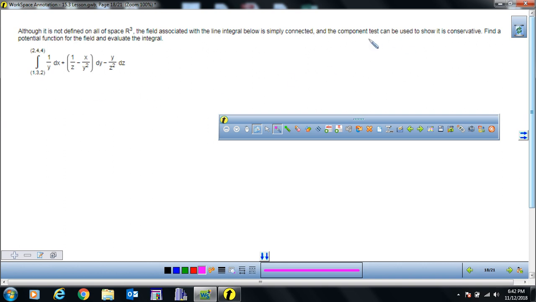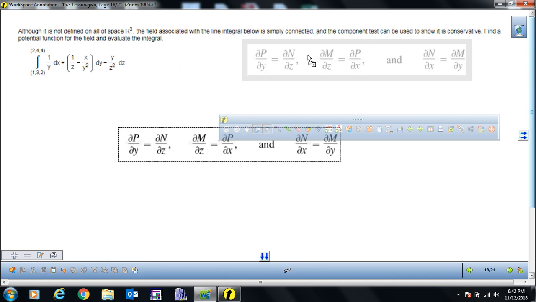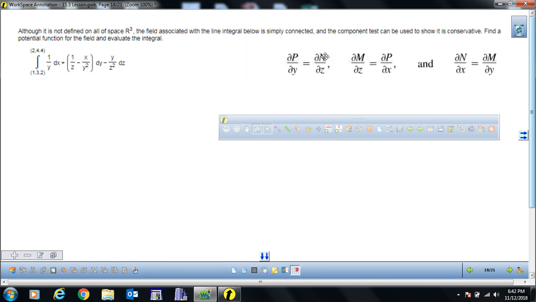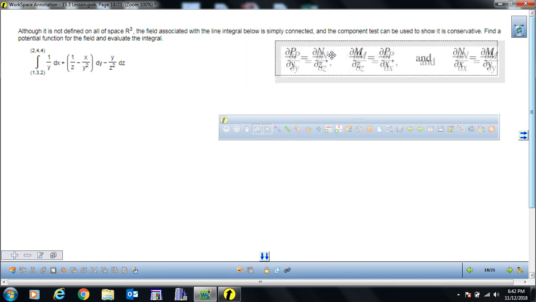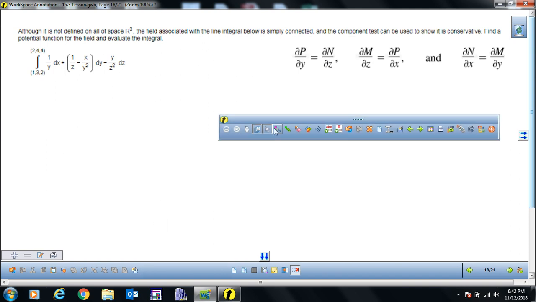Okay, and the component test can be used to show that it is conservative. So now we're going to show that it is conservative, so that we can determine that it is exact. Okay, and then we can find a potential function for that. So first of all, let's find the gradient field.